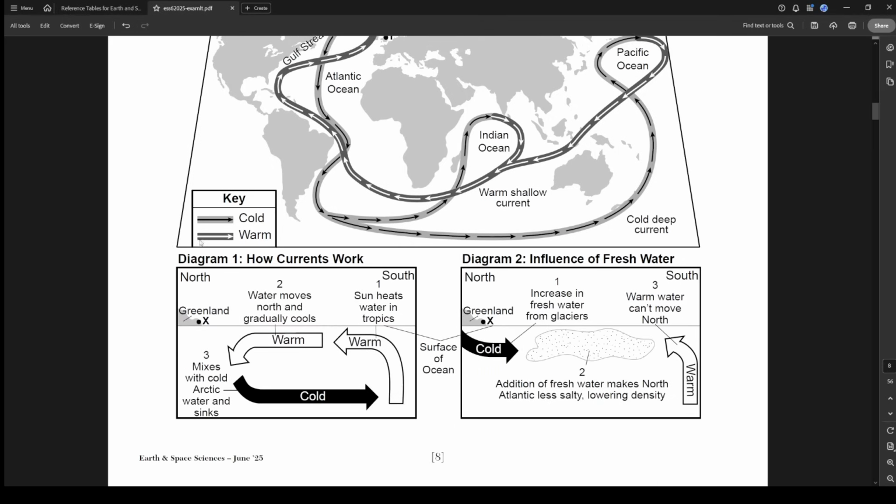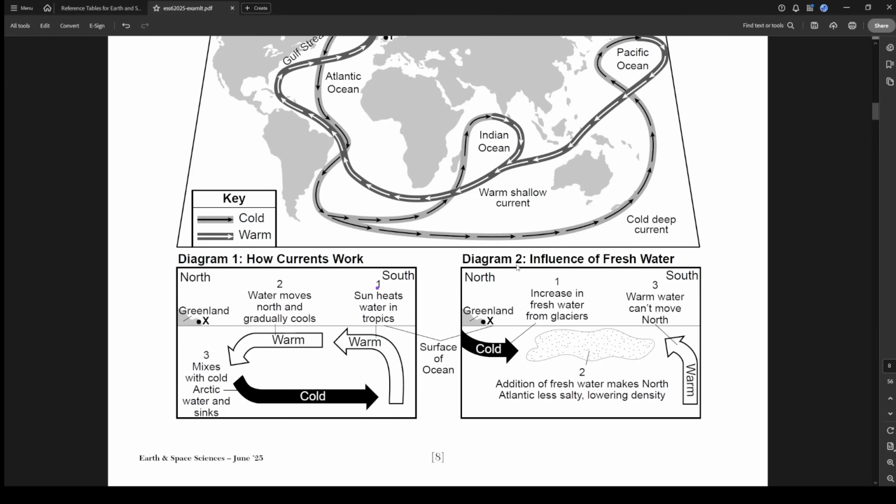Wow, we got a lot happening here. So you could see cold and warm. So cold is the dark, warm is here. Okay, how currents work, diagram 1. So it's saying step 1, the sun heats the water in the tropics. We got warm water here. Water moves north and cools down, and then it sinks, and the process repeats.